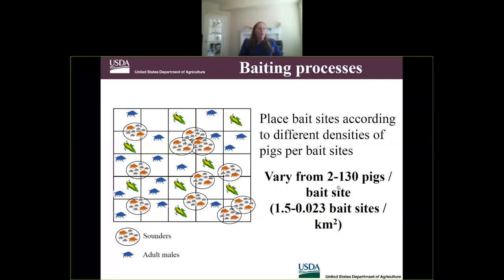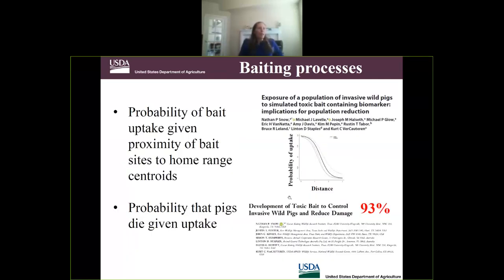We varied the density from 2 to 130 pigs per bait site, which was equivalent to essentially 1.5 to 0.023 bait sites per kilometer squared. So a realistic range. For the baiting process, there are two main components: the probability that a pig finds and eats a bait, and then, given that they find and eat that bait, the probability that they die.